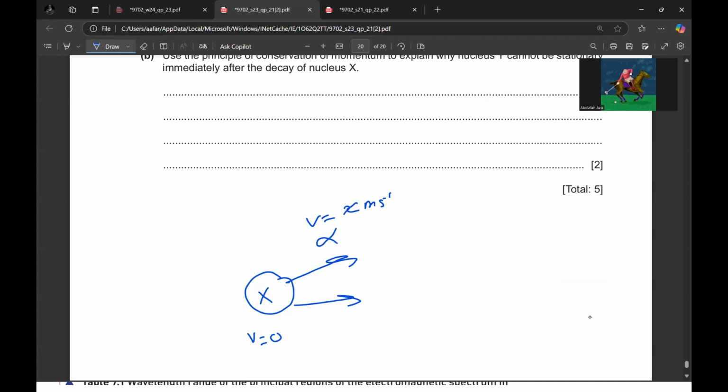So we know the conservation of momentum means that initial momentum is equal to final momentum.